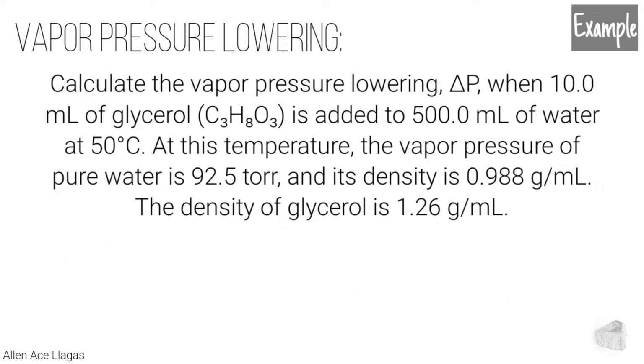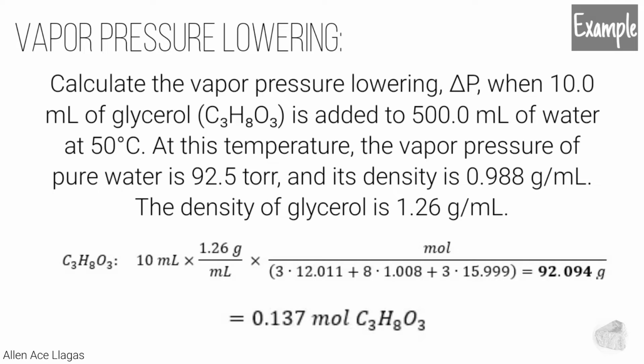Let's first try glycerol. As shown here, cancelling out milliliters and grams while knowing that the molar mass is 92.094 grams per mole, we now get 0.137 moles of glycerol present in that solution.